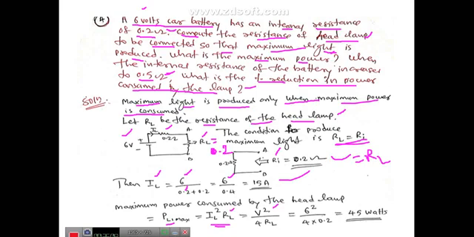V is known, so 6 square divided by 4 into 0.2, that is 45 watts, when the battery has a voltage of 6 volts and the internal resistance is 0.2.